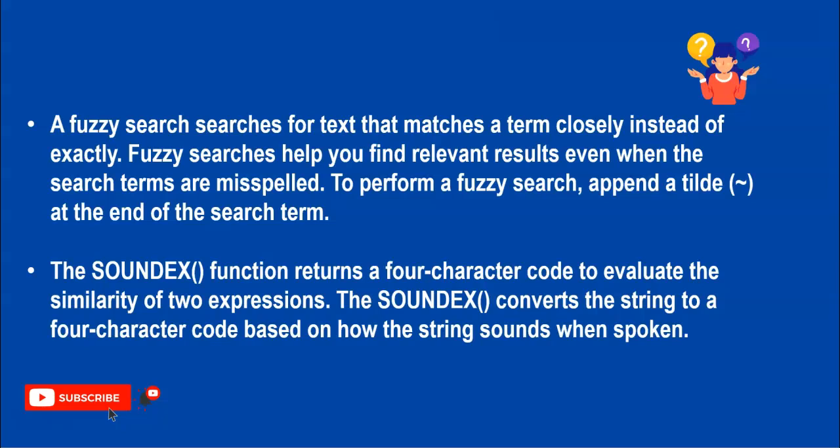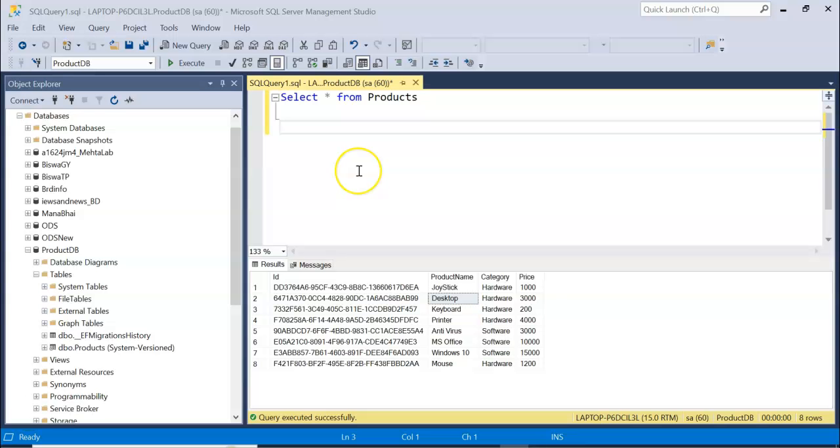Fuzzy search helps find relevant results even when the search term is misspelled. In Lucene, to perform a fuzzy search, you append the tilde at the end of the search term. But in SQL Server, we have a function called SOUNDEX. Let's see how the SOUNDEX function works. Let's go to SQL Server and see.